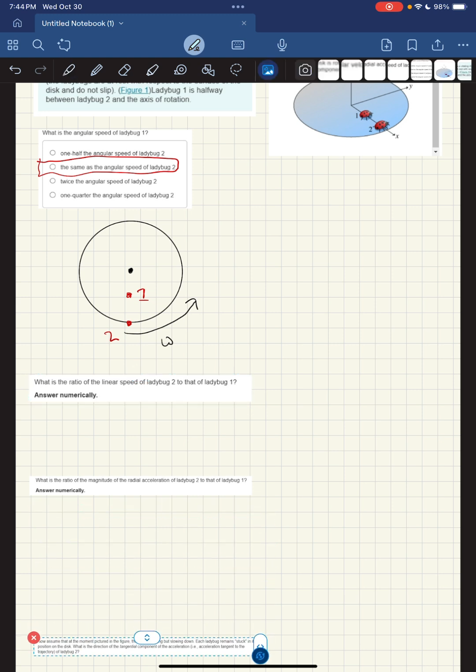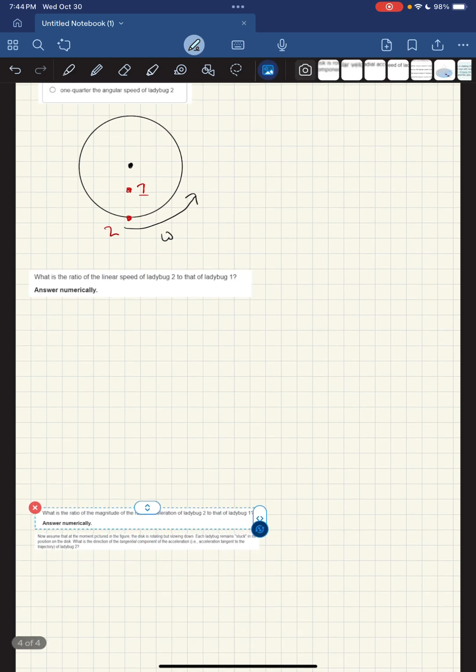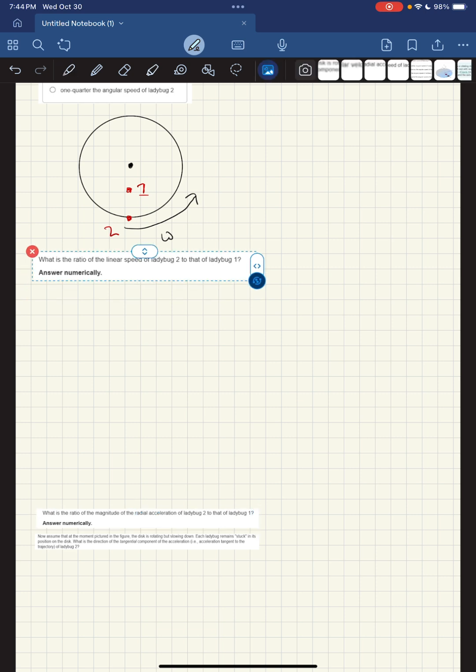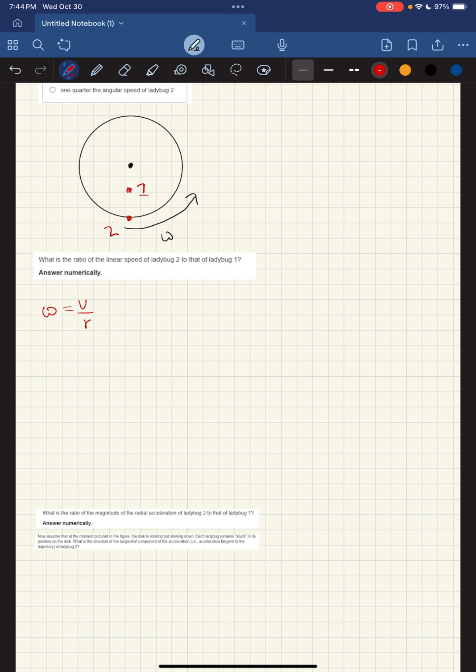Part B asks for the ratio of the linear speed of ladybug 2 to that of ladybug 1. Now, linear speed is not the same throughout a rotating disk. Angular velocity is equal to v over r. If we solve this for the linear speed, or the tangential velocity, they would have different values.